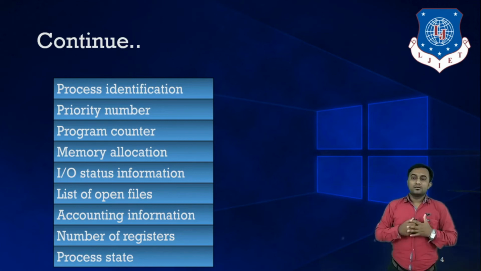Okay. Then list of open files means there are chances the same file can be opened by two different processes at the same moment of time. So to avoid inconsistency, we need to keep track of the list of open files. If one process is reading something once it opens that file, and at the same time another process is writing something once it is opened, so what will happen?